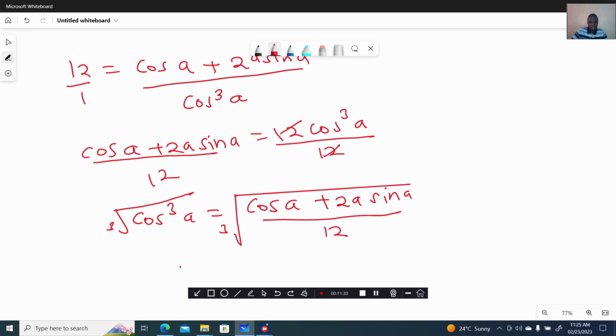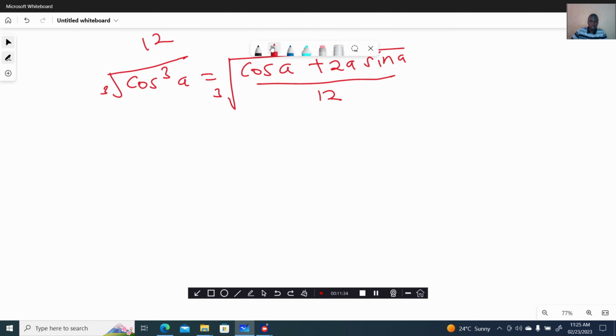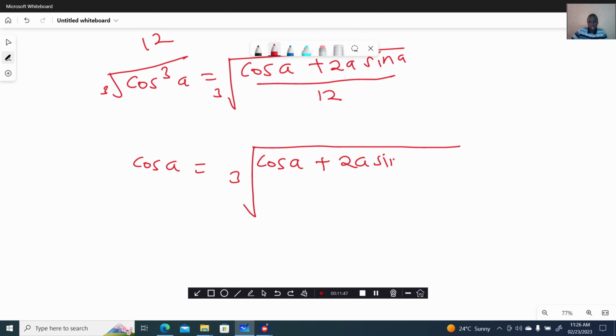So this one gives us the value of cos a to be the cube root of cos a plus 2a sine a over 12.